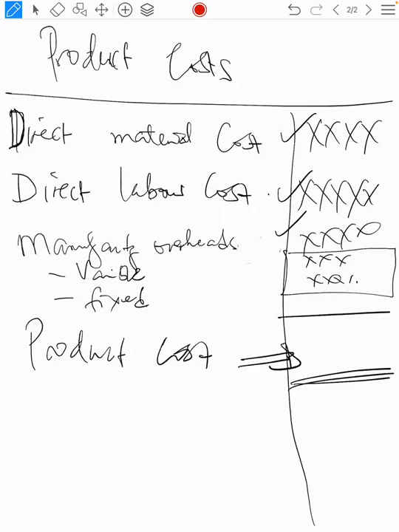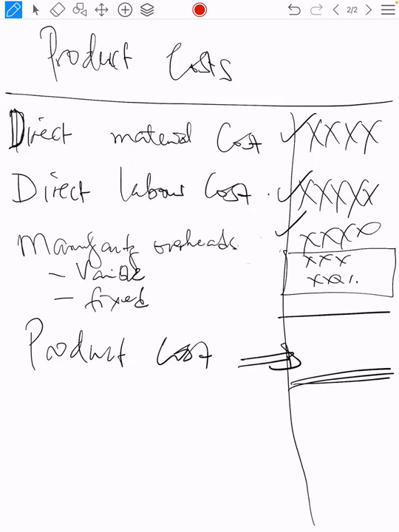When it comes to manufacturing overheads, we are looking at indirect costs. For example, in the making of a desk, there are screws and there is glue that is used. The cost of those screws and the glue used in the making of the desk is not going to be direct material because we cannot touch it, we cannot feel it.